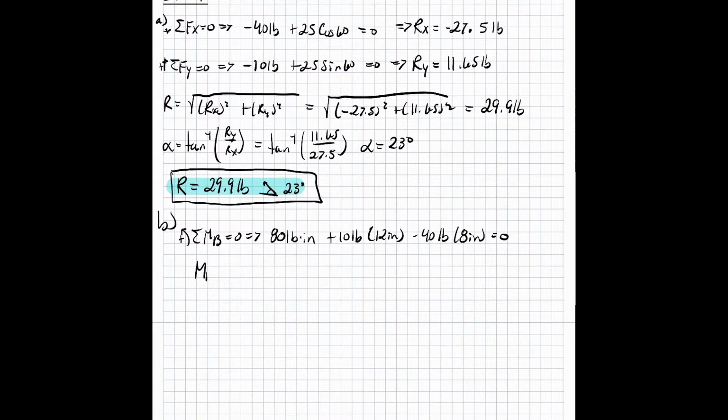This all solves for the moment about B to be negative 120 pound inches. That's not something we need to actually solve for. They didn't ask for it, but we need that value.